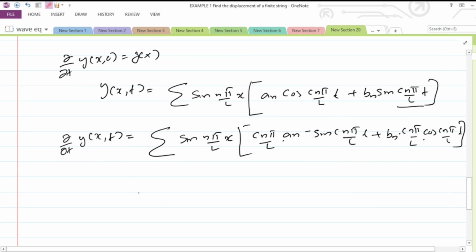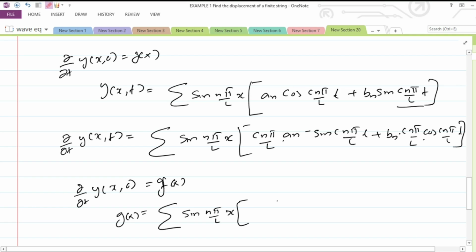Now when we substitute t equal to 0, we get dou by dou t of y of x0, which is given as g of x. So g of x is equal to sigma sine n pi by l x into, the first term becomes 0 because sine 0 is 0, plus bn into cn pi by l into cos 0.